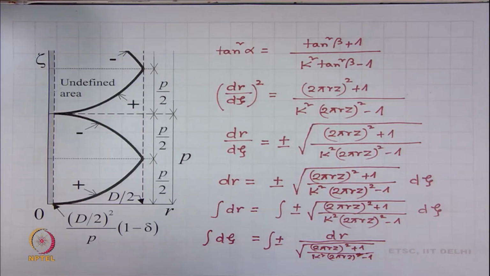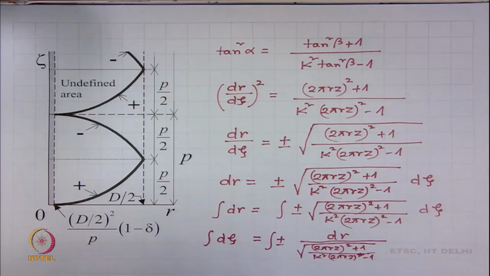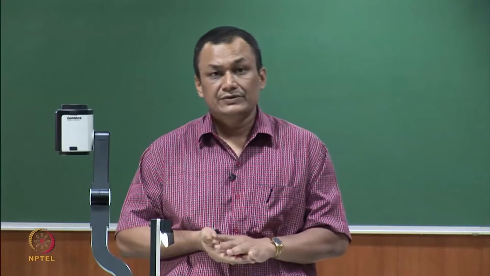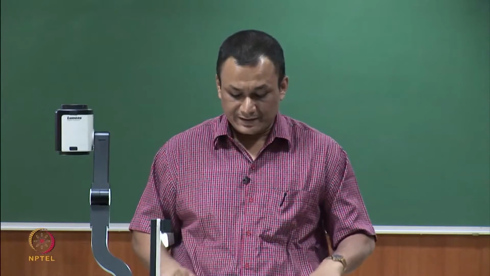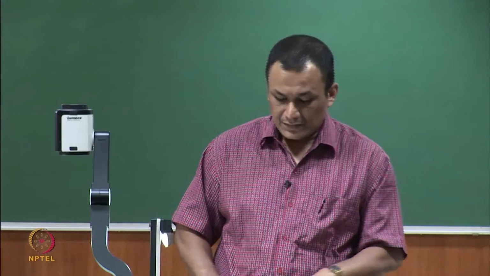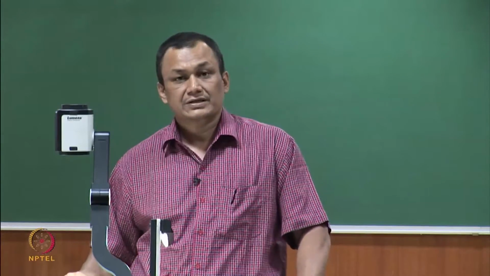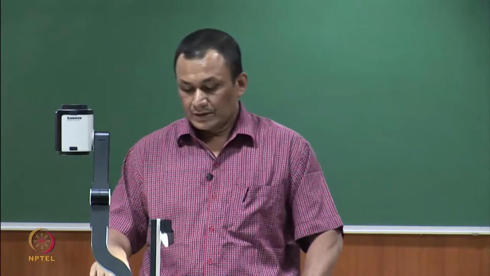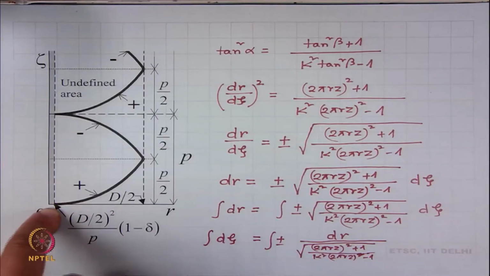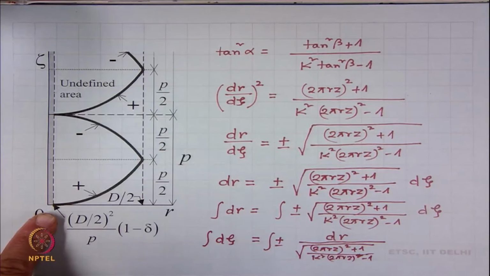So, if we integrate this, then we will be able to obtain the path of a migrating fiber. However, this integration does not have an analytical solution, it is an elliptical integral. This is one problem. Problem number 2, fiber path is not defined at a very small radius.